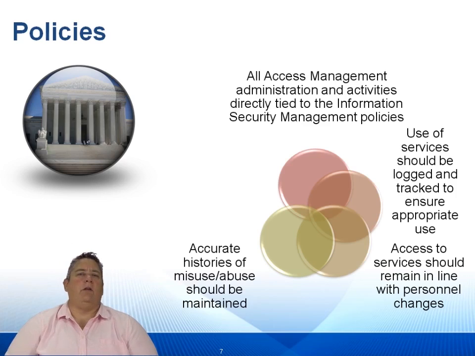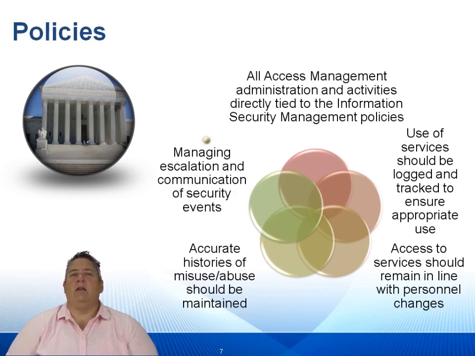Accurate histories of misuse and abuse should also be maintained. We want to make sure that our controls from a security perspective are working, but we also want to track the actions of employees. If we have an individual who is consistently abusing rights, this could become an HR issue. We need to have the data to back it up.